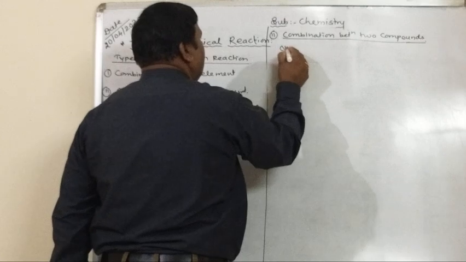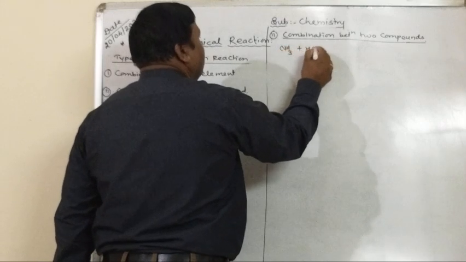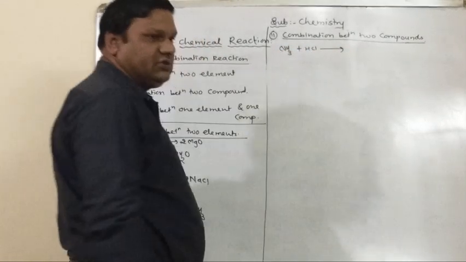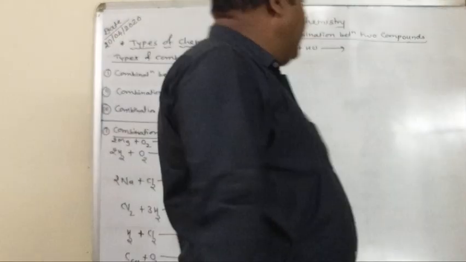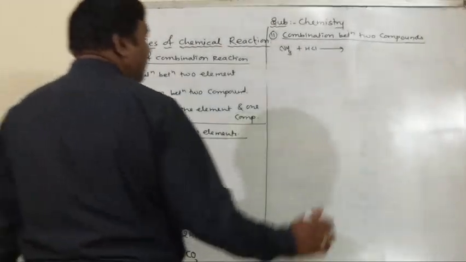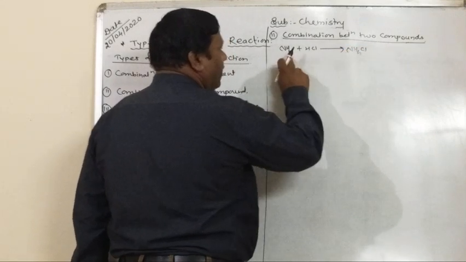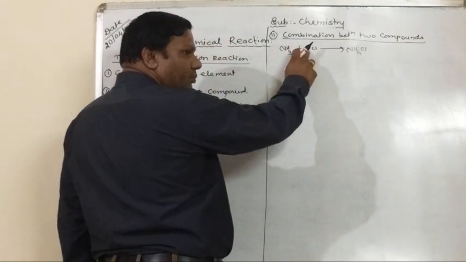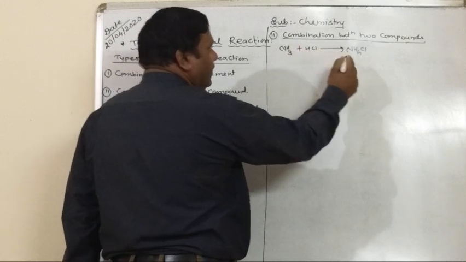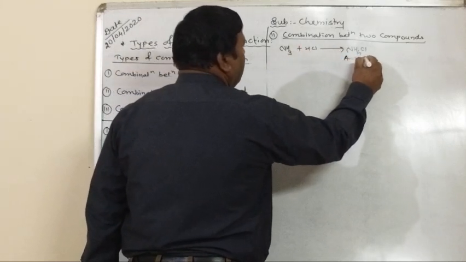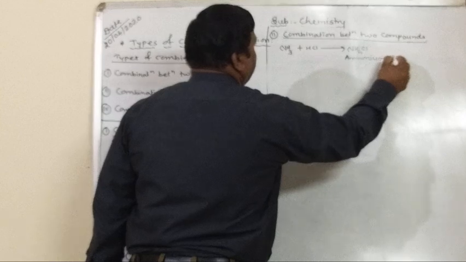Suppose ammonia is one compound, HCl is another compound. Understood? Ammonia is one compound and HCl is another. So you will get NH4Cl. Already it is 3 hydrogen plus 1, 4. NH4Cl is named ammonium chloride.